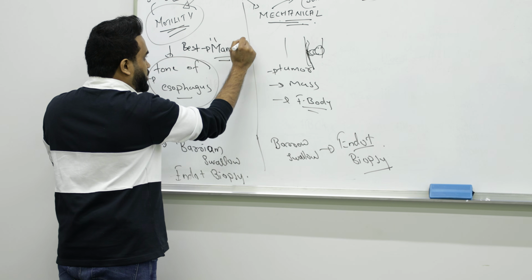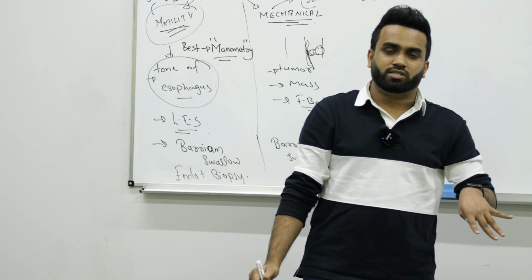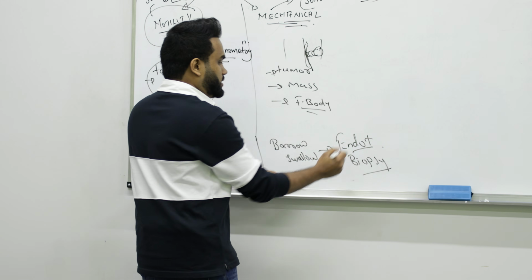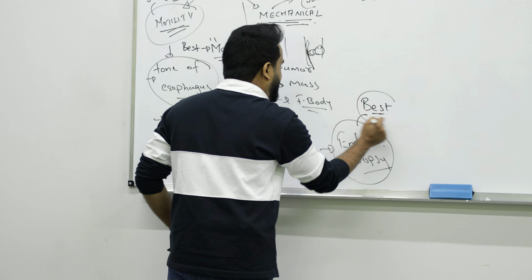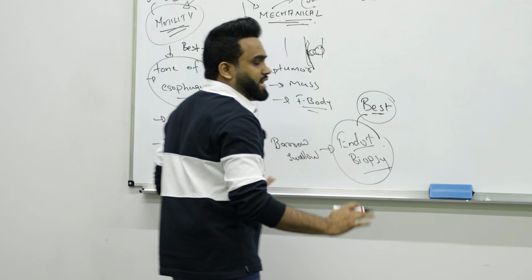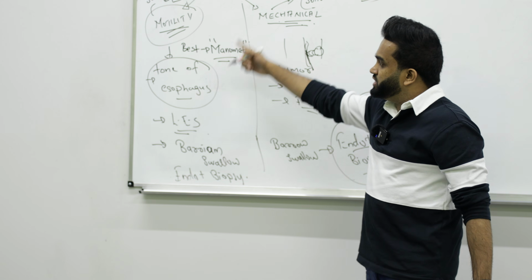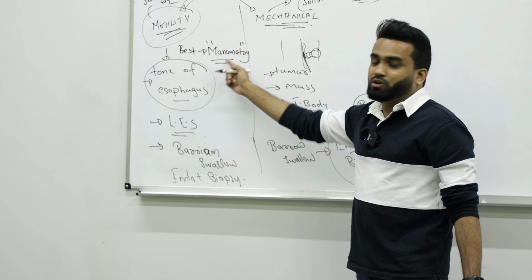Manometry. Best diagnostic scan. But if the question is about cancer or tumor in the esophagus, sure, I won't choose manometry as the best answer. Best will be endoscopy and biopsy. I'm repeating, we can do both scans in both cases. The best for mechanical will be endo and biopsy. The best for dysphagia because of a motility reason will be manometry.